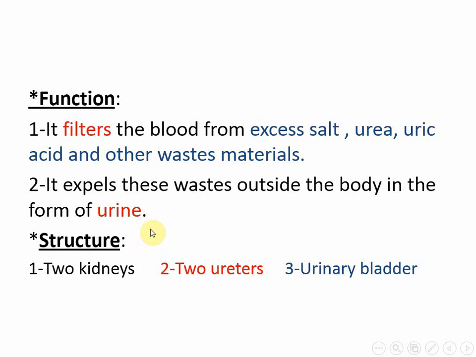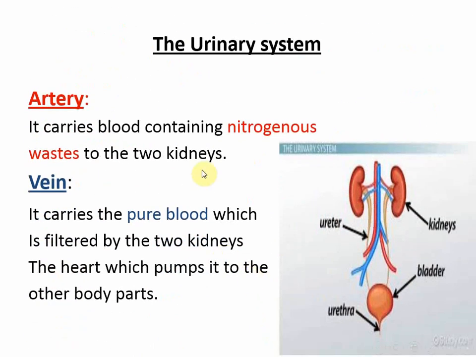The structure of the urinary system consists of these organs: 2 kidneys, 2 ureters, and the urinary bladder. First, before talking about the components of the urinary system, each system needs blood to flow into it and out of it. The artery carries the blood from the heart to the urinary system.